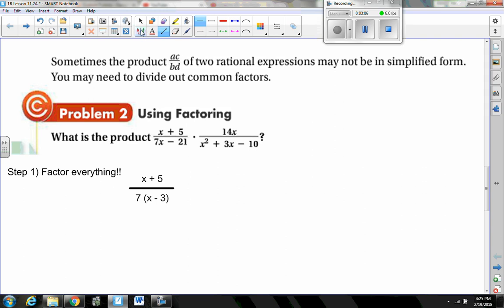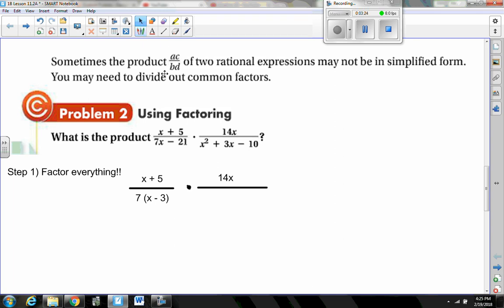And that's being multiplied by a fraction where the top can't be factored. It's just 14x. That's just the way it is. And the bottom of the fraction is a quadratic that I need to factor into two parentheses pieces.